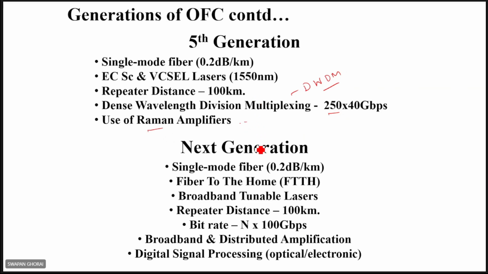Right, fifth generation. Next generations, you see fiber systems nowadays. Of course, fiber to the home is implemented. Broadband tunable lasers are there. Bit rate is very high, and also people are trying with this. Already it is developed, but it's not in the market. It's based on soliton systems, soliton communication systems.